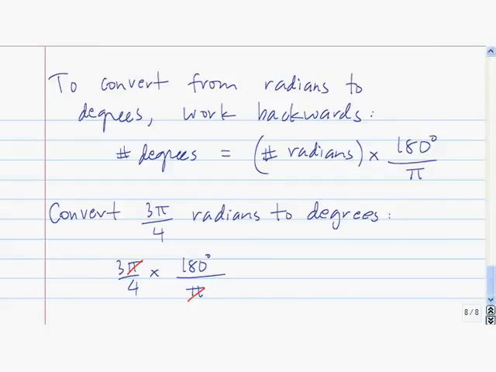The pi's cancel, and 4 goes into 180 45 times. So we have 1 left in the bottom. 3 times 45 is 135. So we get 135 degrees. So 3 pi over 4 is equivalent to 135 degrees.